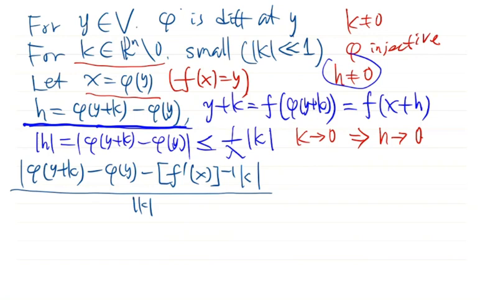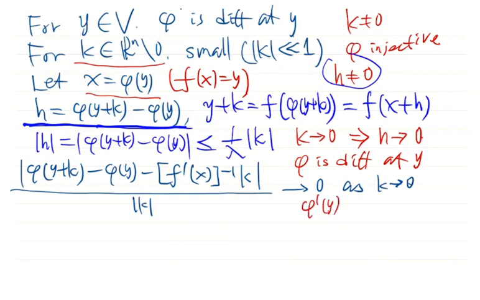The derivative of f at x is an invertible matrix. If this goes to 0 as k goes to 0, then by the definition of differentiability, phi is differentiable at the point y, and the derivative is this inverse matrix, and our result is proved.